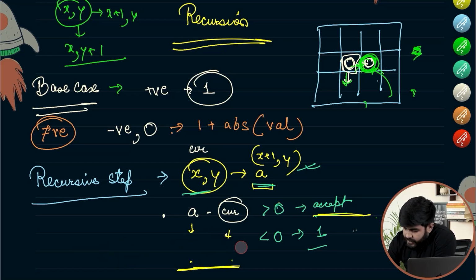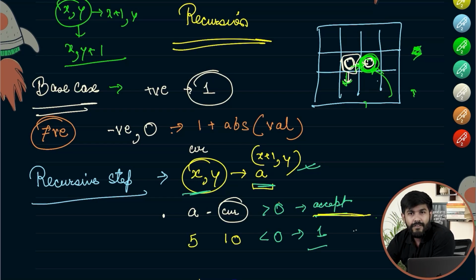Let's say the other way around. I already have a health of 10 and the required health is 5. So if I have more than what was required, if you observe, this is a positive value.